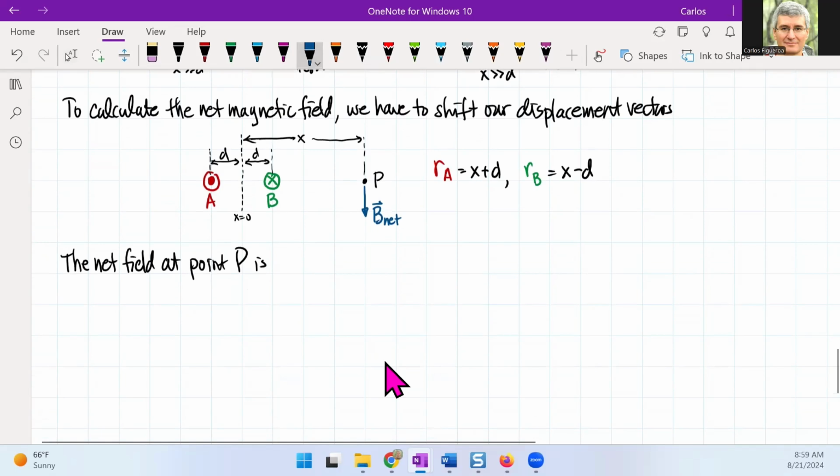So I'm going to have my magnetic field, of course, and we're talking about two wires of opposite current.